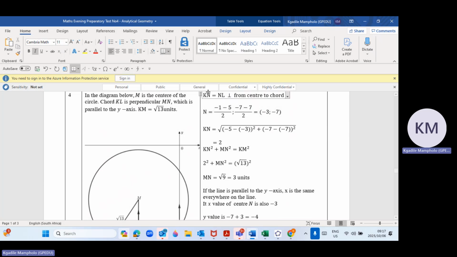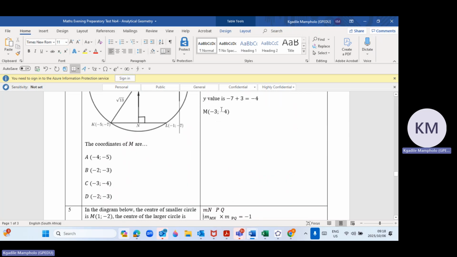But when you give the reason, just say perpendicular from center to chord, then it means N is the midpoint. Since we know the coordinates of K and L, let's just check here.